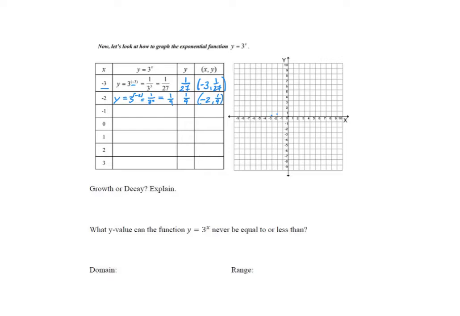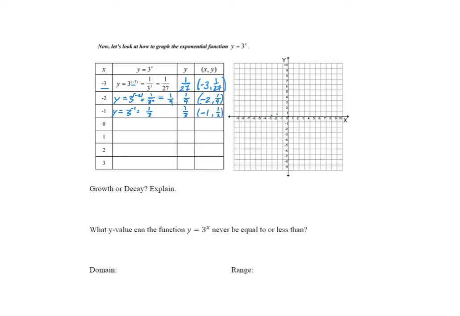All right, what happens when we use -1 as an input? Well, that gives me y is equal to 3 raised to the negative first. Making that exponent positive, I'm going to put the base in the denominator. So that gives me 1/3 as an output. So my ordered pair is going to be -1, 1/3.